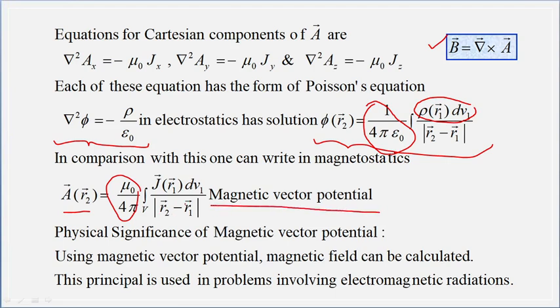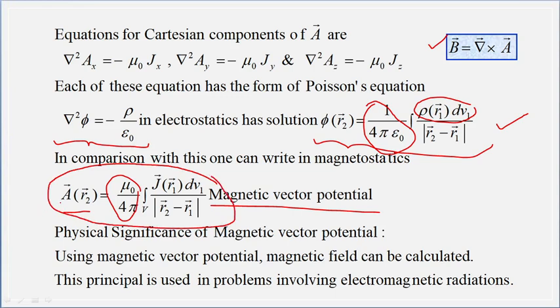Here we have written this equation in comparison with electrostatics, but actually it can be derived, but that derivation turns out to be a research paper. It is very lengthy and beyond the scope of your TY BSc books. So the equation is taken directly, and for any circuit we will take this equation as a standard to find the magnetic potential of that circuit.